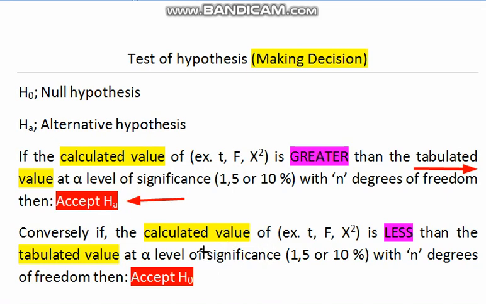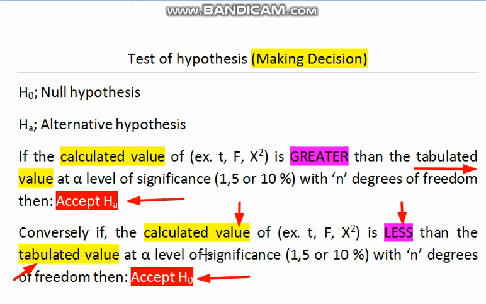Now the other way around: if the calculated value is less than the tabulated value at any given level of significance, that is 1, 5, or 10 maybe, and n degrees of freedom, then we accept the null hypothesis.